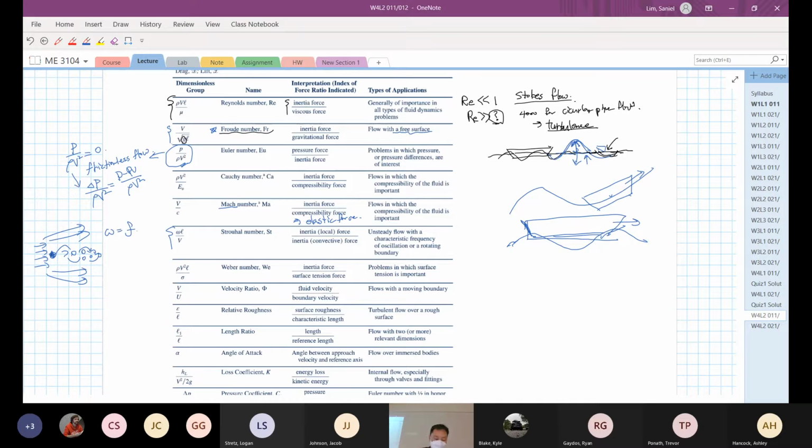Another way to think about the Weber number, the surface tension, is when you spray disinfectant. You want to control the size of the spray, the diameter of the spray.